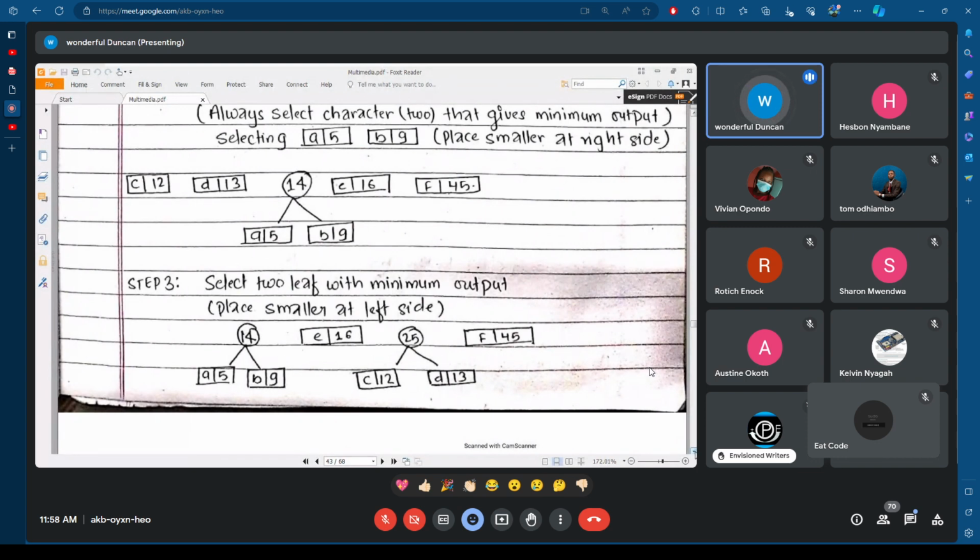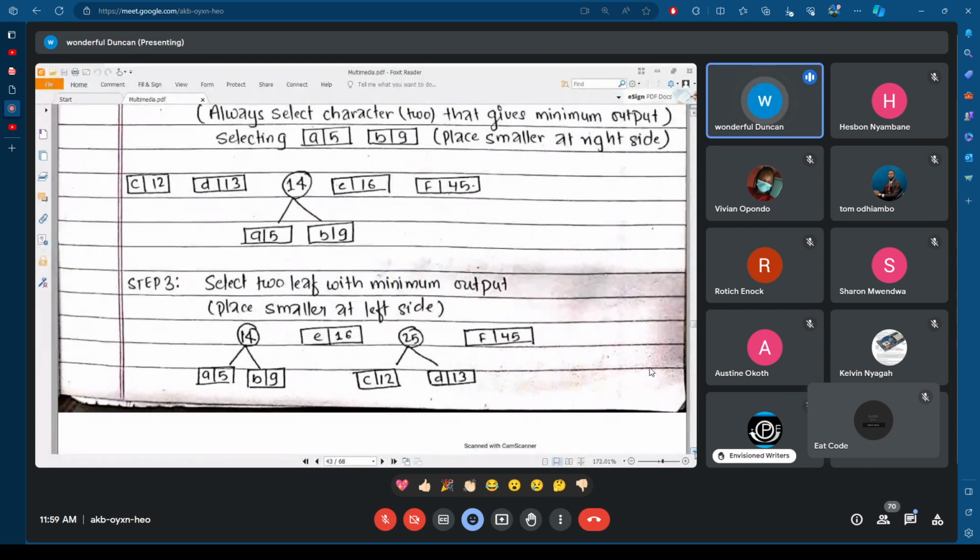Then what remains is E and F. We see 14 is less than 16, but 25 is greater than 16. So 16 we bring between 14 and 25.